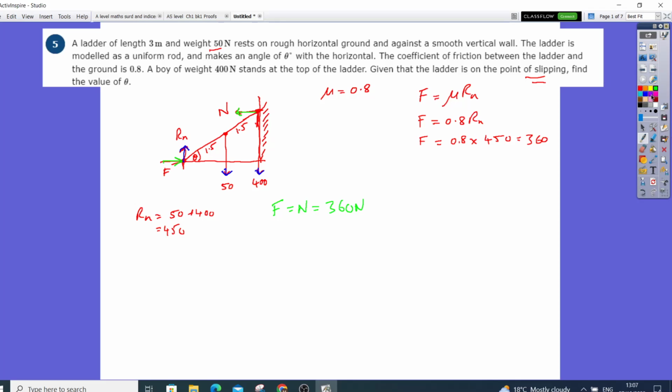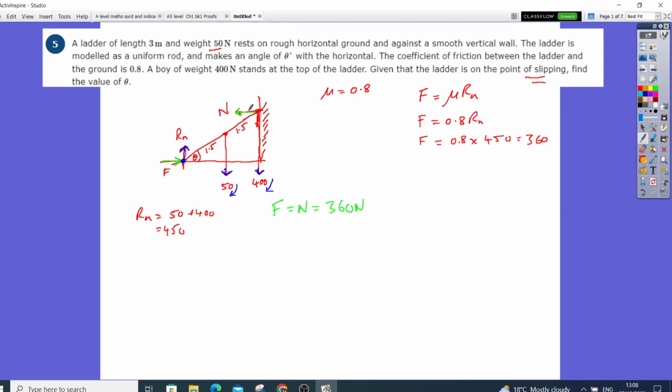Let's have a look. What else do we know? Let's take the moment about this point. So from this point, we've got the weight of the ladder going down, and we've got the weight of the boy going down this way. So this is called the clockwise version.